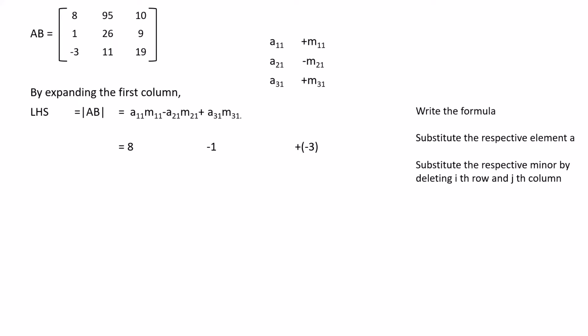For the first minor, deleting the first row and the first column. For the second minor, deleting the second row and first column. For the third minor, deleting the third row and the first column.